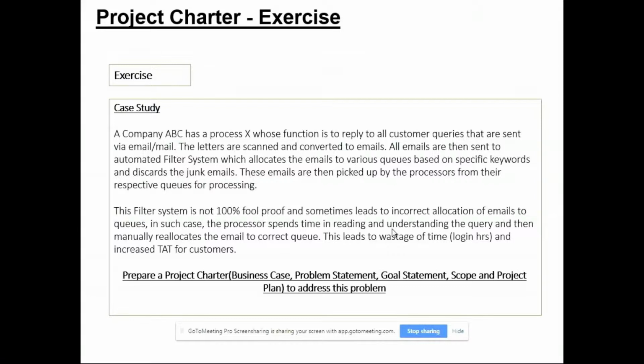All right. So ideally, if you were the green belt, what would you want to do? We'd want to limit the errors that the filter has. Okay, so that is one way of looking at it. Second, assuming that you don't have control on the filter system, you want to fix it from the process end.